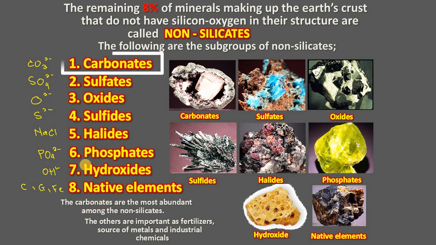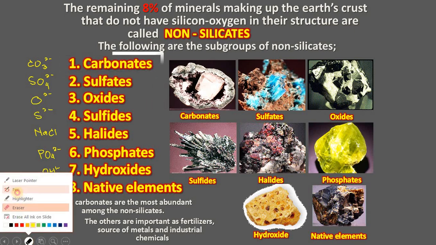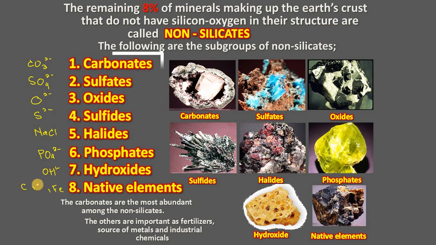Ito yung mga minerals na mga pure carbon, pure gold, or kung ano pa yung iba, no? Pure gold. Mali yung ating symbol gold G. That is AU. Yan. So, carbon, gold, or di kaya yung sa iron.